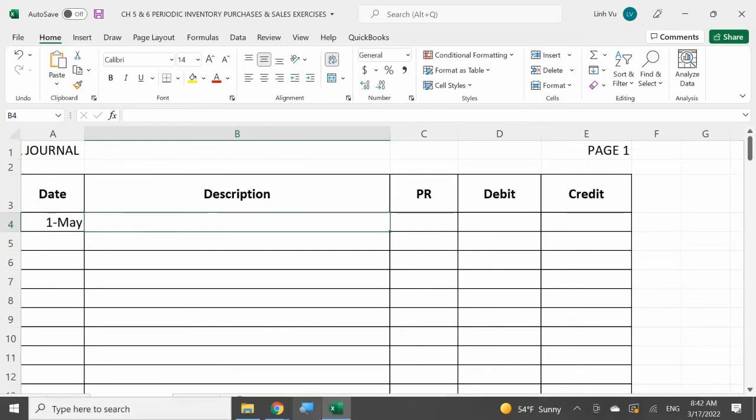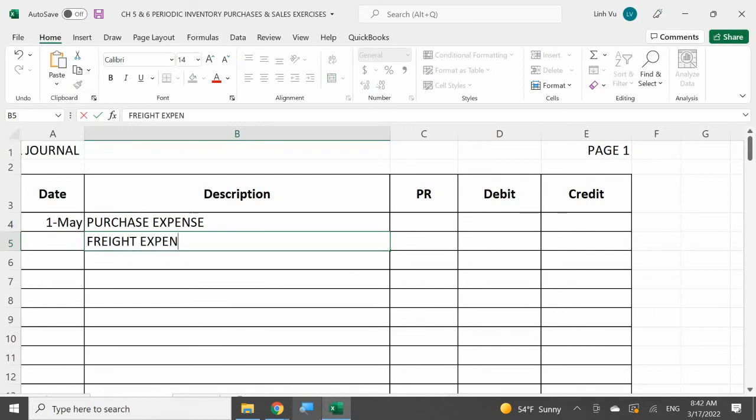Purchase expense. Good. Freight expense. And how did we pay it? Accounts payable. We paid it on accounts payable.